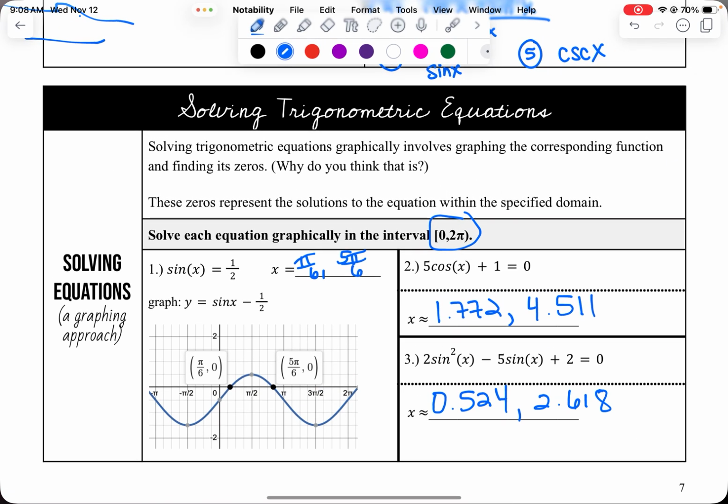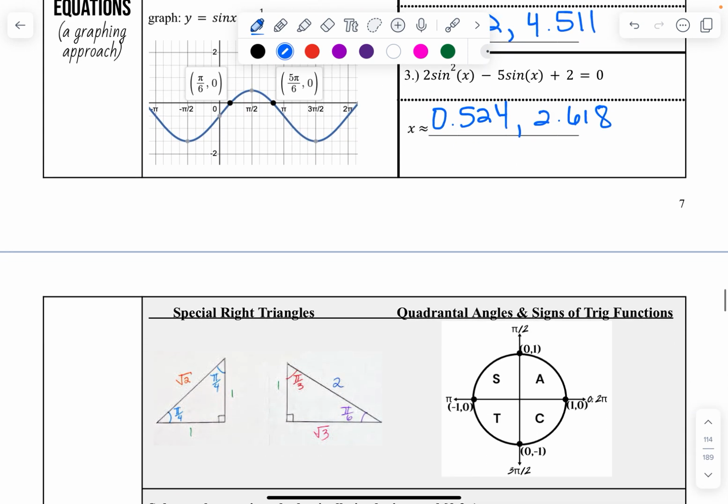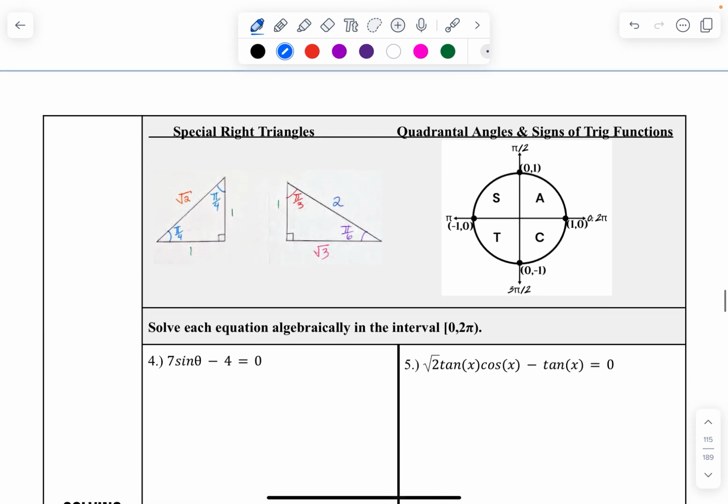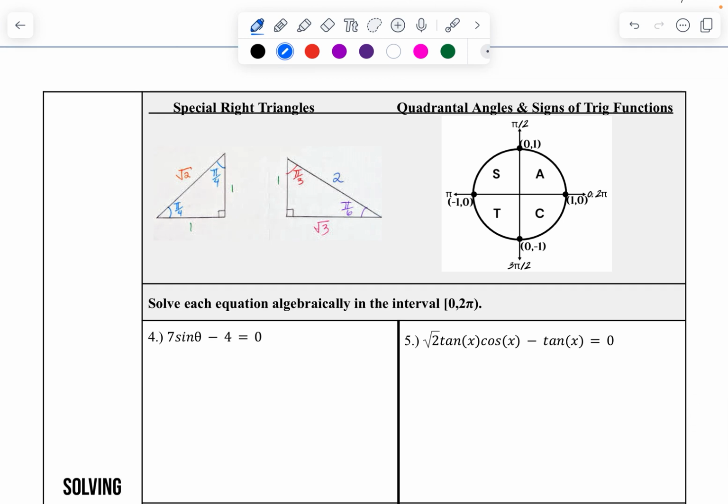All right, so we can also solve them using right triangles, our special right triangles, and what we know about the signs of trig functions depending upon which quadrant they're in, and the quadrantal angles. So we remind you of all of that here. Here's your 45, 45, 90, your pi over 4, pi over 4, pi over 2.